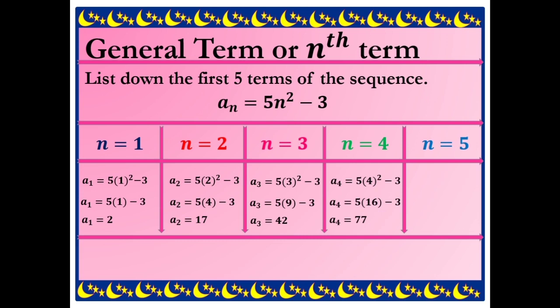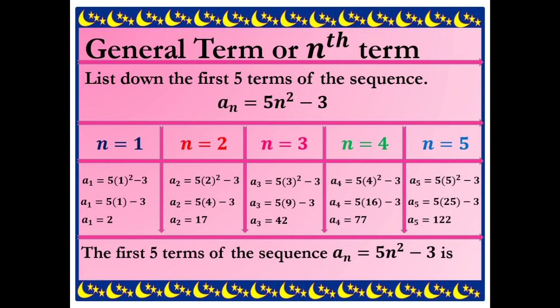Then the last term, if n is equal to 5, so a sub 5 is equal to 5 times 5 raised to 2 minus 3. 5 squared is 25, so we have 5 times 25 minus 3. Final answer is 122. So, the first 5 terms of the sequence a sub n is equal to 5n raised to 2 minus 3 is 2, 17, 42, 77, and 122.